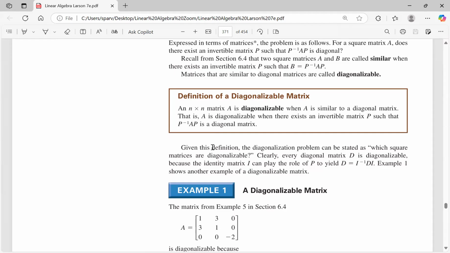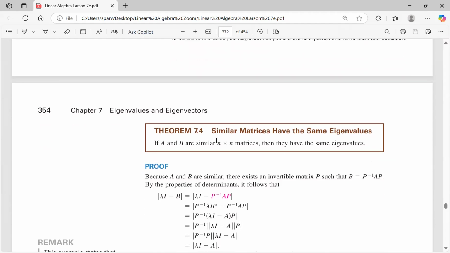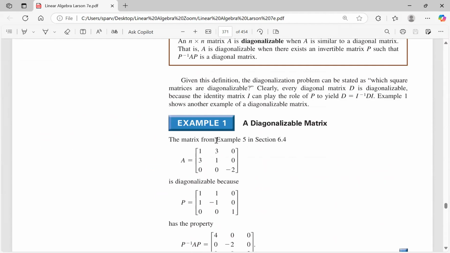I'll show you what I mean when I go to my cam here. The other reason is it simplifies solving differential equations. It just makes it a lot easier, and there are a lot of other benefits to having a diagonalized matrix.